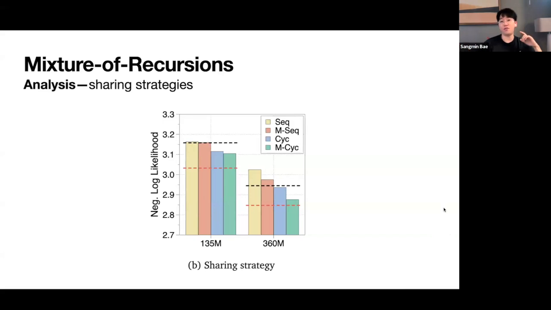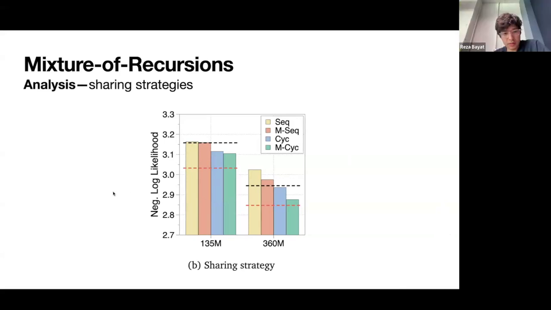It's aligned with the conventions from the architectures, but we don't have any clear proof, because it's really hard to compare between cycle and middle cycle in a fair comparison, with the exact same parameter sizes. So we just follow that intuition to get this result. Thank you so much for your comment.